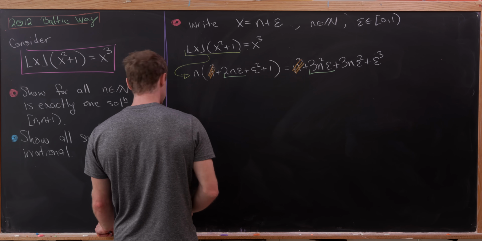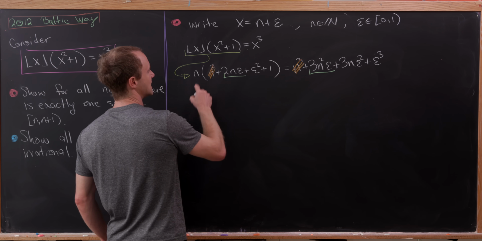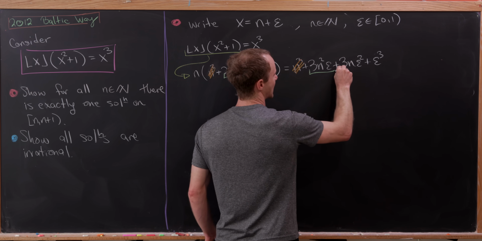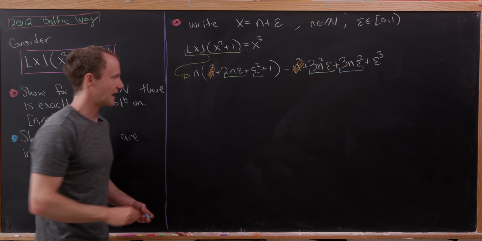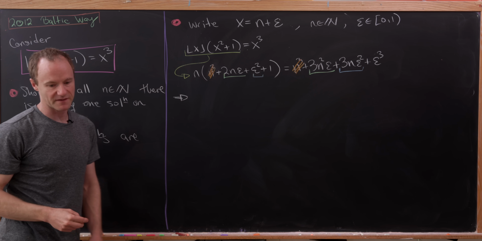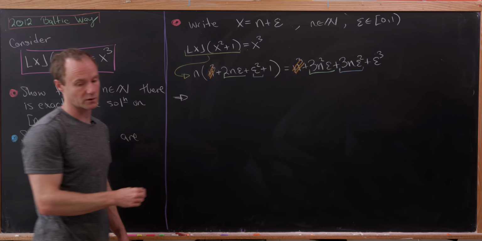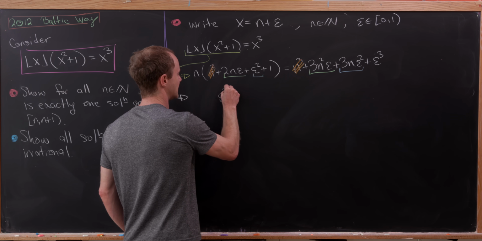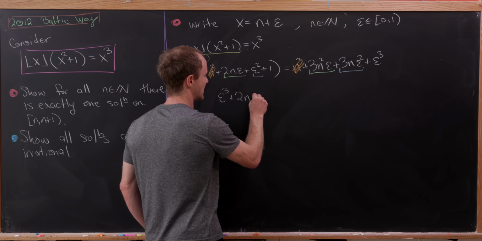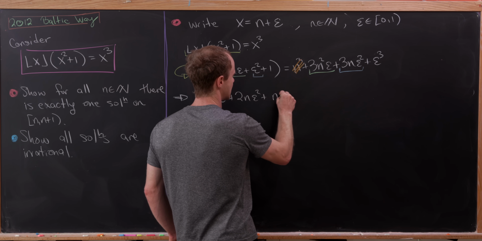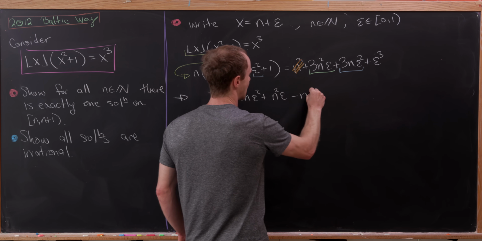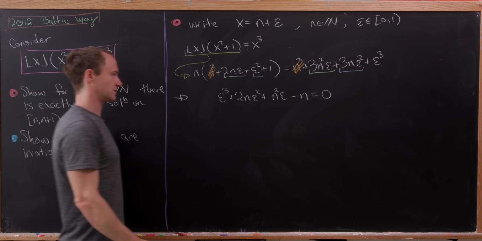And then pretty similarly, this n times this epsilon squared will give us something that can be combined with this 3n epsilon squared. So now putting that all together, we've got this cubic equation for epsilon. That cubic equation looks like epsilon cubed plus 2n epsilon squared plus n squared times epsilon minus n equals 0.